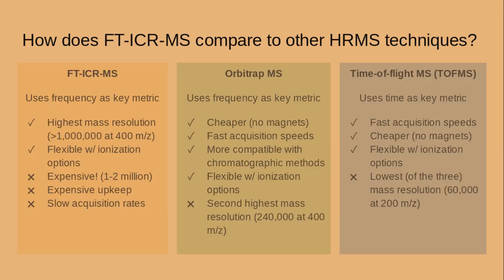And then, yeah, they all have flexible ionization options, but FTICR is expensive. It's $1 to $2 million for the instrument, not to mention the upkeep of always having things like liquid nitrogen and liquid helium and just keeping up with the magnet and everything.